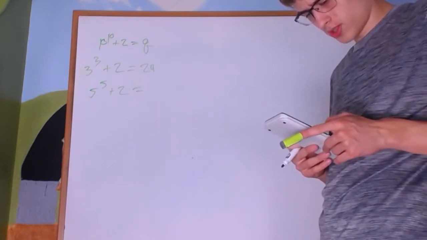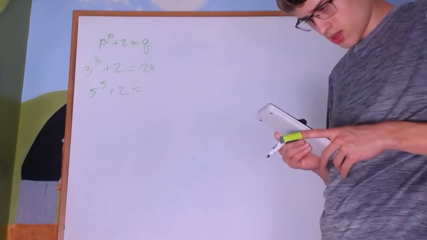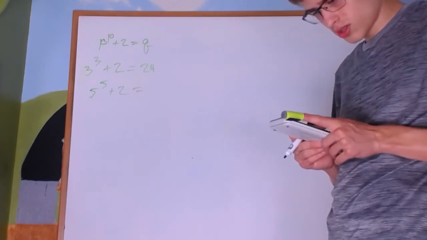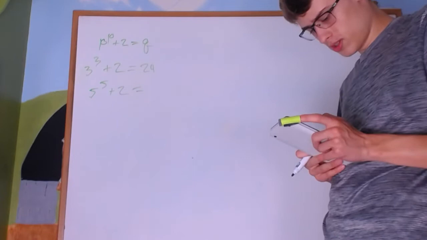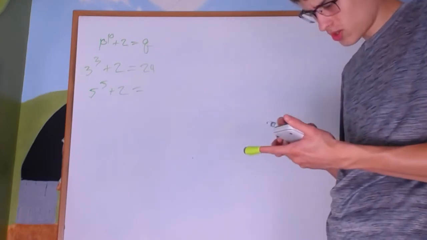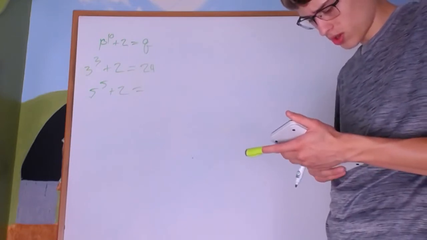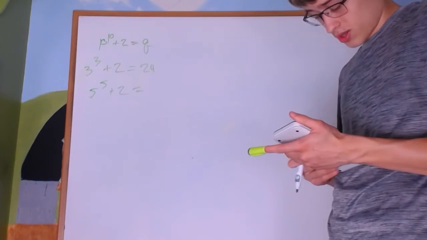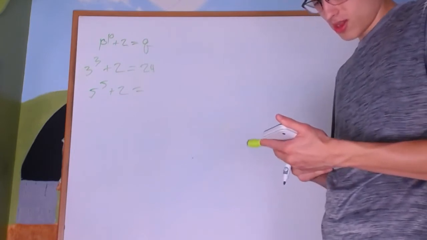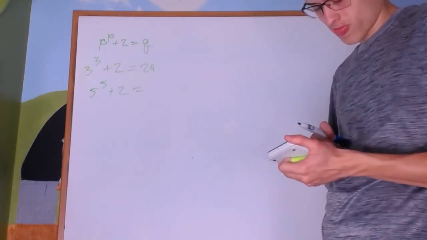I don't know if there's a thing on here to find... What is that divisible by? It's not divisible by 3, definitely not 2. 7? No. 11? No, obviously not. Divide by 13.